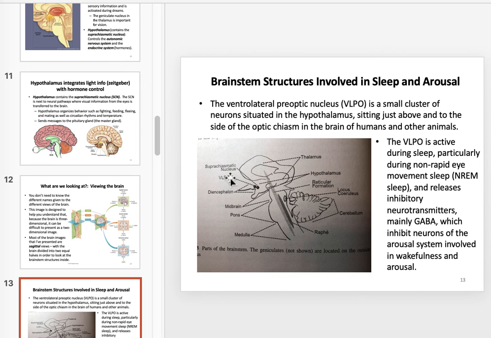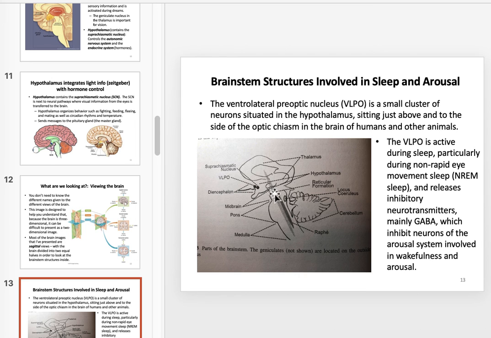And we're going to introduce one other term, the ventrolateral preoptic nucleus, or the VLPO. Ventrolateral simply means it's on the ventral side. Remember, you take your jaw out, you look up into your brain surface, so it's on the ventral side of the brain. Lateral means it's on the side of this area.